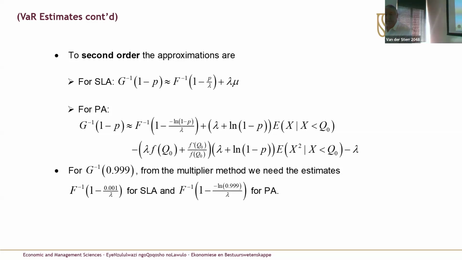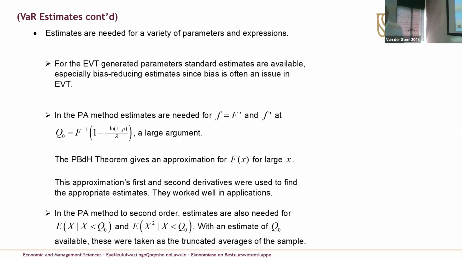It cut off, but there's another term, little f at q naught times q naught squared, but it cut it off there. I'll correct that. But this is what we need for the perturbative. And in those cases, we need this and we need this. So those are the two quantiles that we really need to estimate with our multiplier.